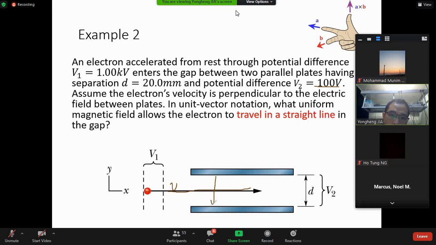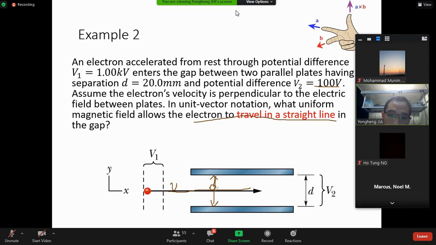Suppose the electric field is in this direction, and when the electron moves to this place, it will have an electric force in this direction, right? And now we want to add a magnetic field so that the electron can travel in a straight line.